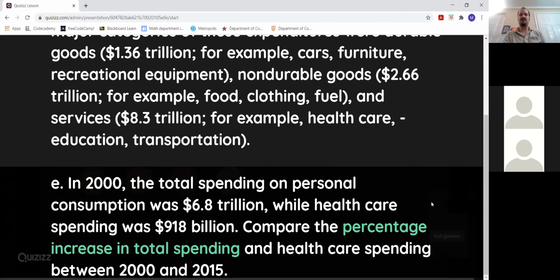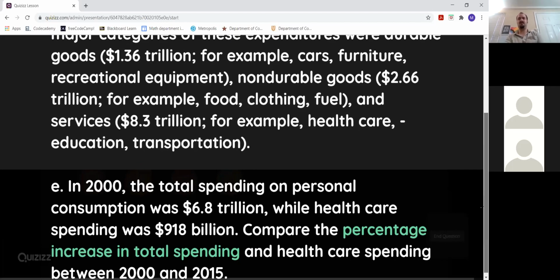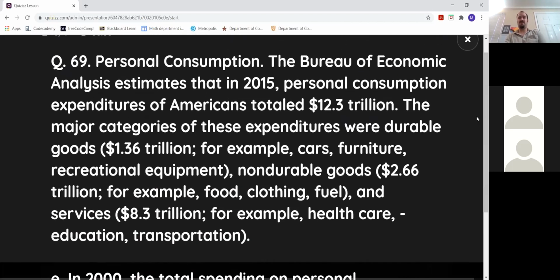And I'm rounding this to the nearest whole percent. So I think they're asking about the relative increase from 6.8 trillion to 12.3 trillion here.